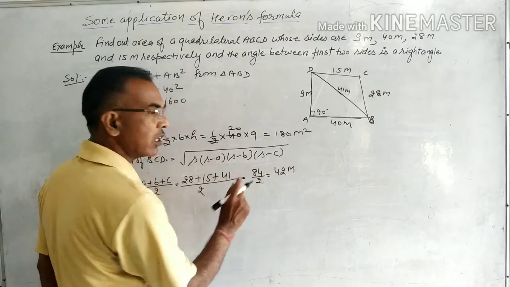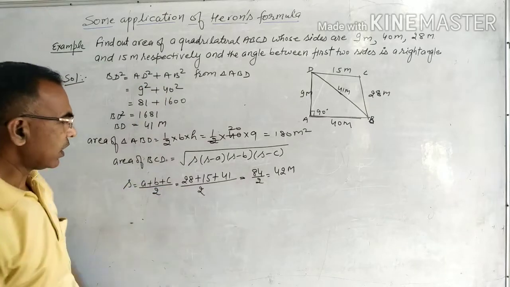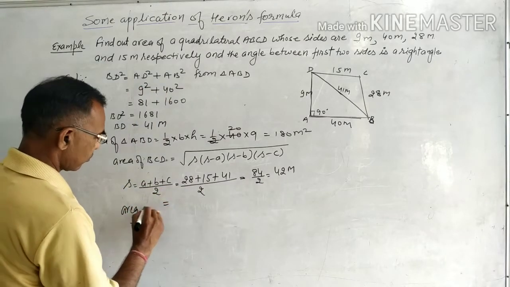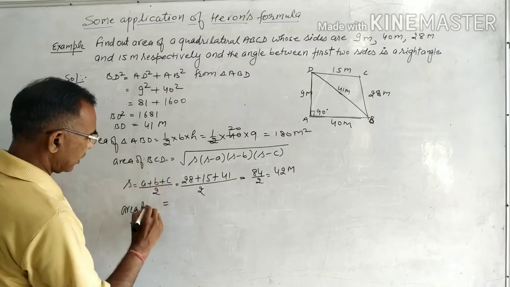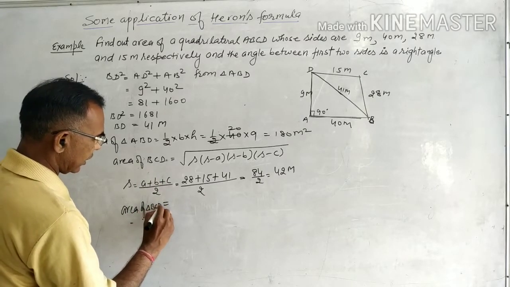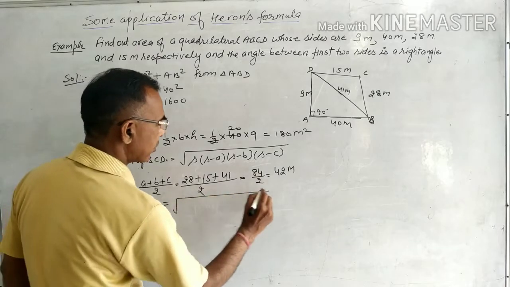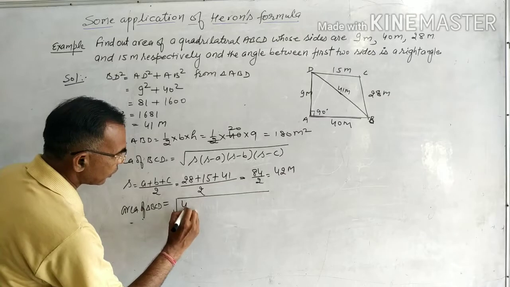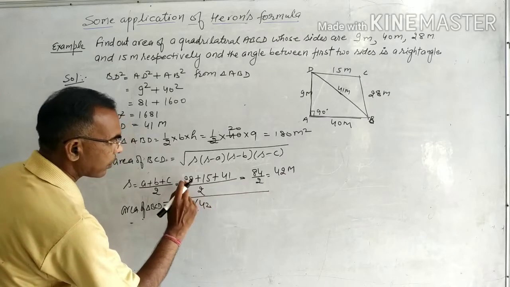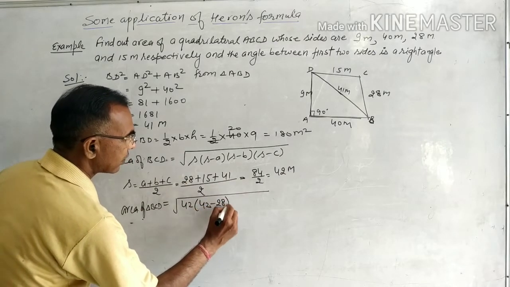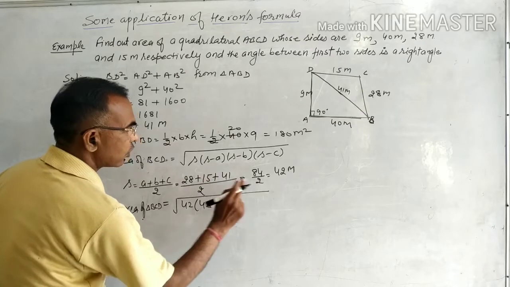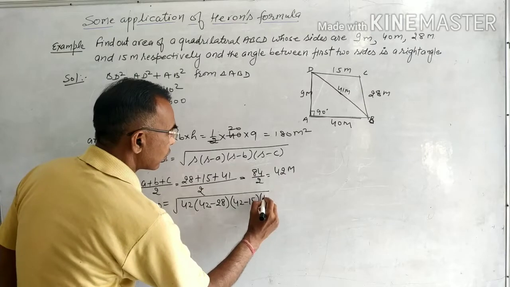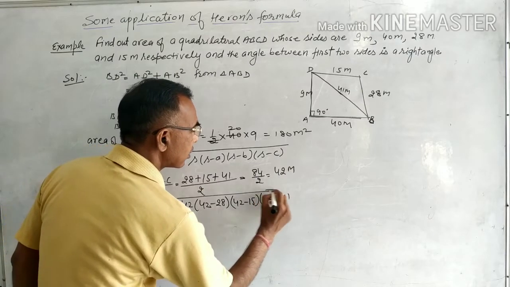Now area of triangle BCD equals square root of S, that is 42, into 42 minus 28, into 42 minus 15, into 42 minus 41.